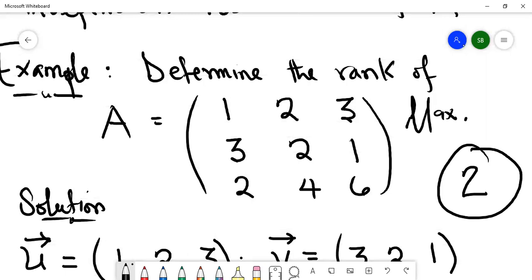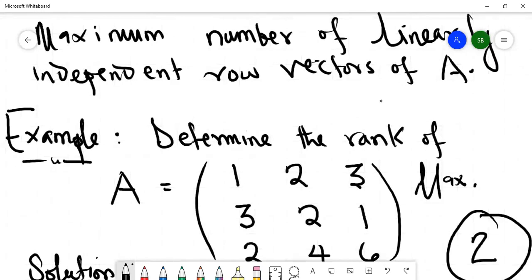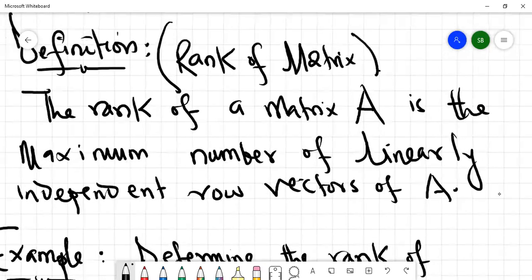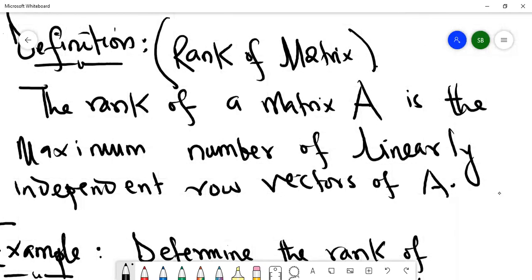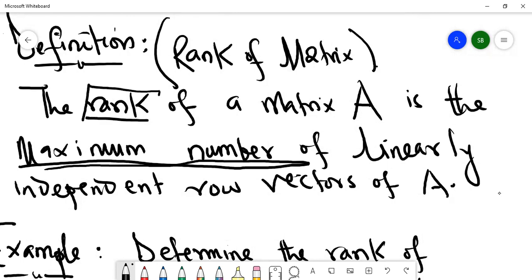Thus, by definition, let's go back to the definition of the rank of a matrix. The definition says that the maximum number of linearly independent row vectors of A gives us the rank of a matrix.